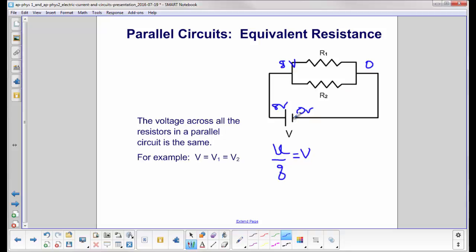Anybody connected to the negative terminal of a battery is defined as having 0 volts of energy per charge. So if I have a charge going this way, it starts at 8, goes down to 0. Here it starts at 8, goes down to 0. That means the voltage across R2 and R1 is the same, and it's exactly equal to the voltage supplied by the battery. So we have that V coming out of the battery equals V1 across resistor 1 and V2. The voltages are all equal.